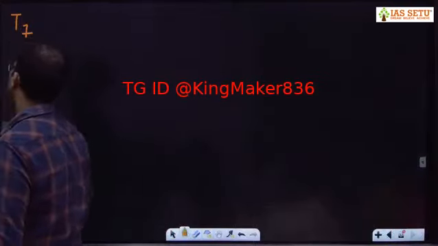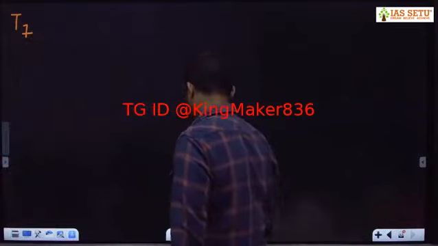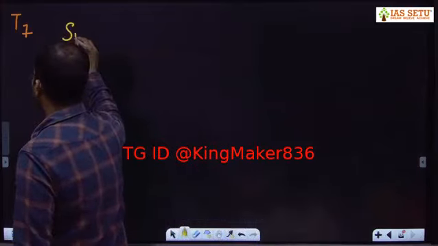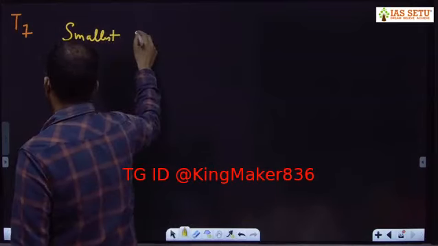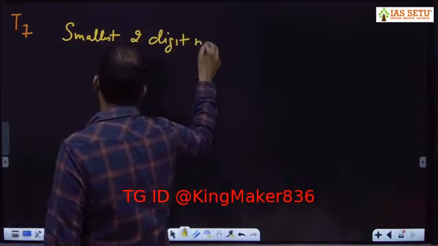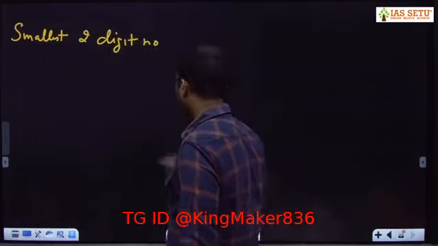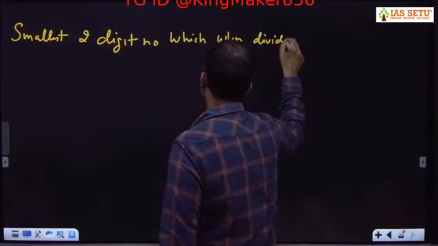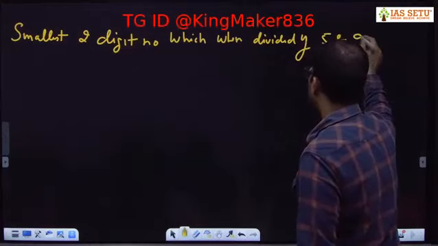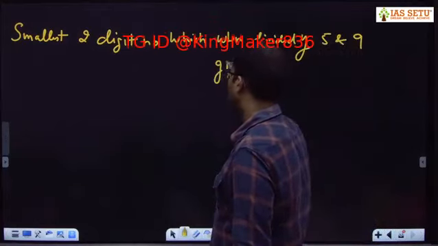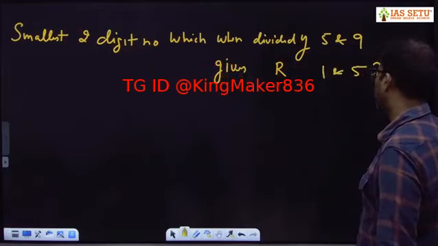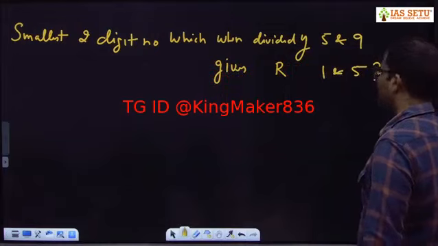Next is type 7. Tell me smallest 2-digit number which when divided by 5 and 9 gives remainder 1 and 5 respectively.